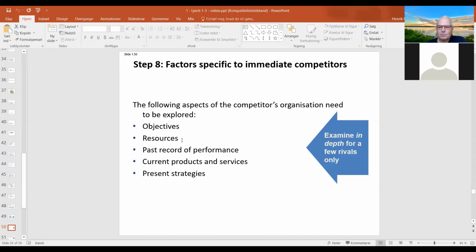That means their tangible resources, their intangible resources, and their capabilities. And then when we do an external analysis, our competitors are part of our external environment. Therefore, when we analyze our competitors, we will find opportunities and threats, and we can add that to our list of opportunities and threats.